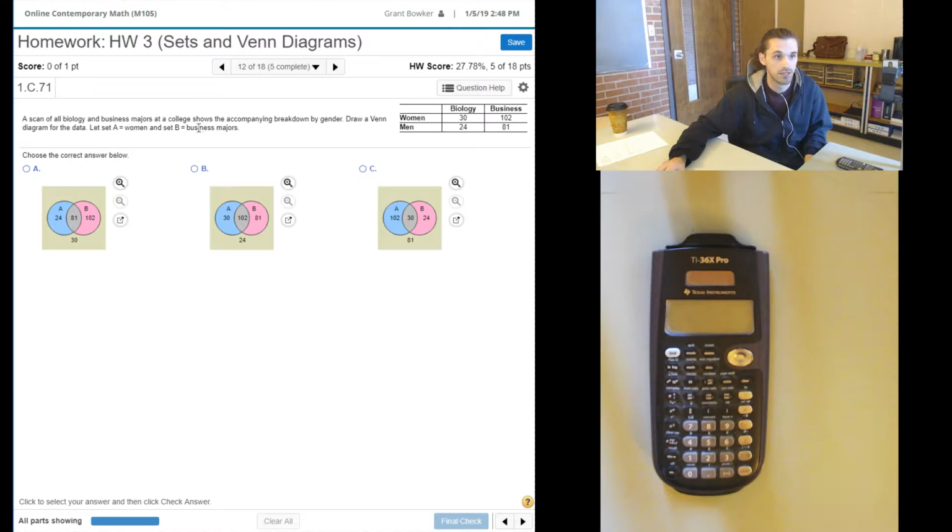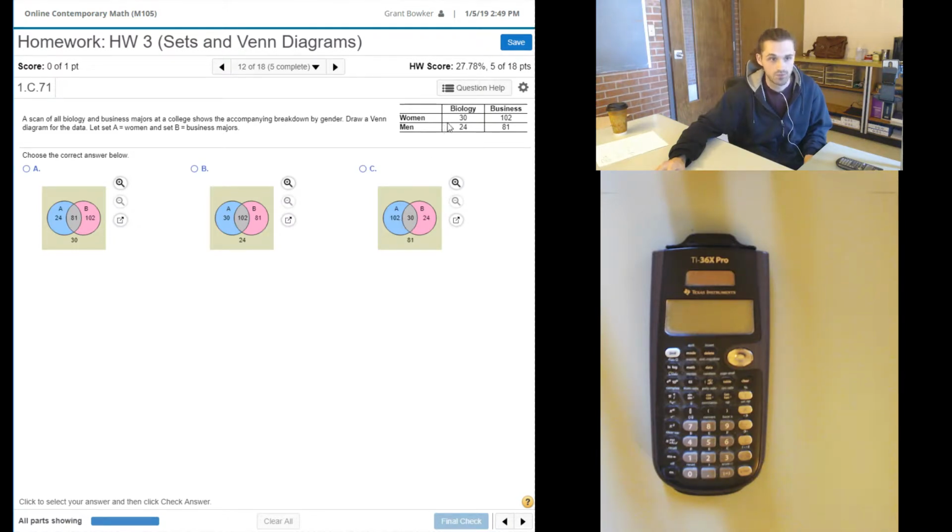Women and business majors. Notice the overlap here is 81, the overlap here is 102, the overlap here is 30. So Venn diagram A is saying there's 81 women who are also business majors. B is saying there's 102 women who are also business majors. Option C is saying 30 women are also business majors.